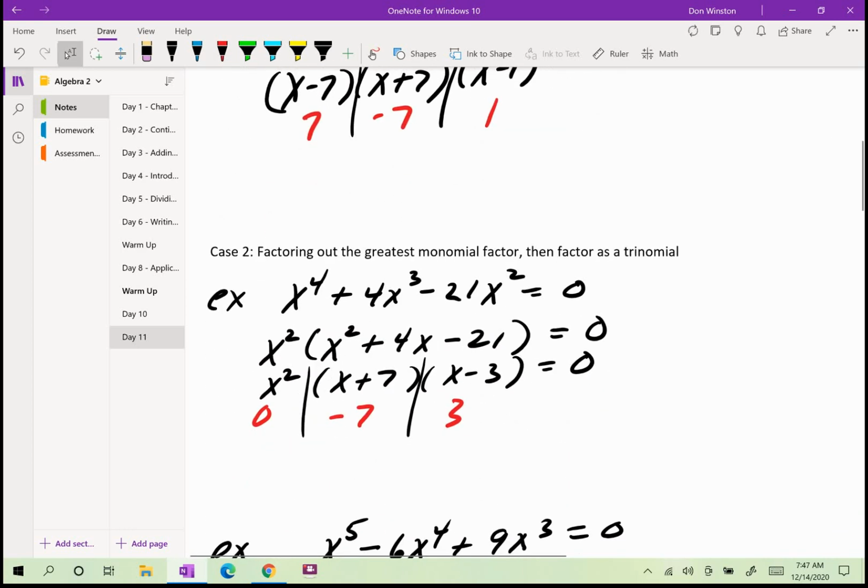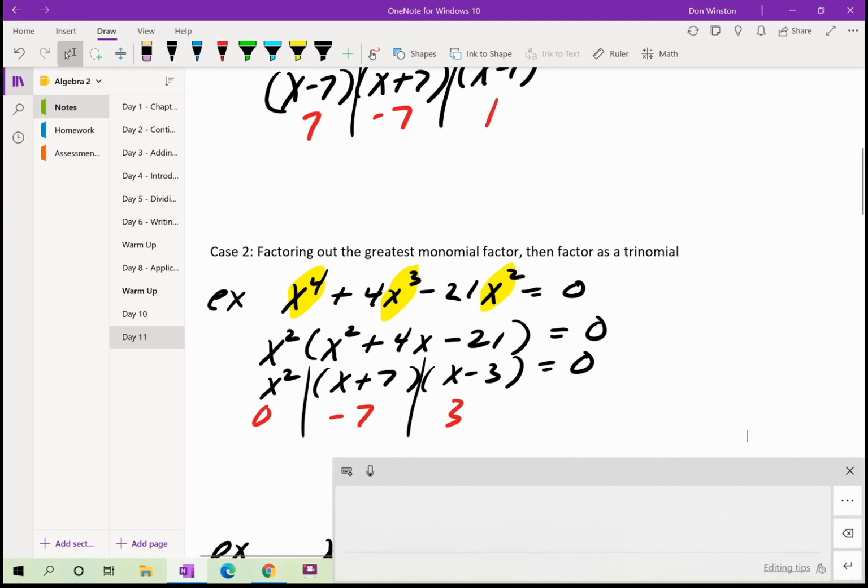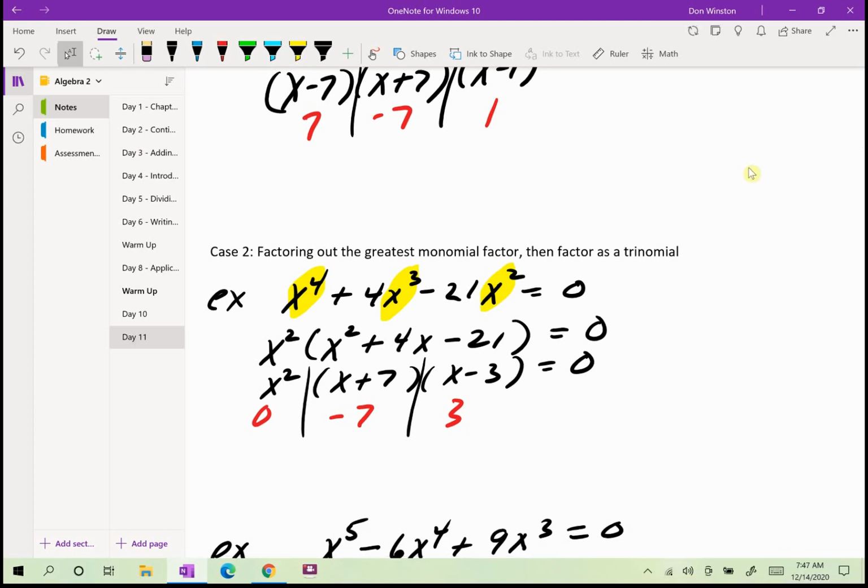Let's look at case 2, factoring out the greatest monomial factor, then factor as a trinomial. So here I want you to notice that I have x to the fourth, x cubed, and x squared. Always factor before you factor, okay? Makes life easier. So here, out of x to the fourth, x cubed, and x squared, I can factor out an x squared.